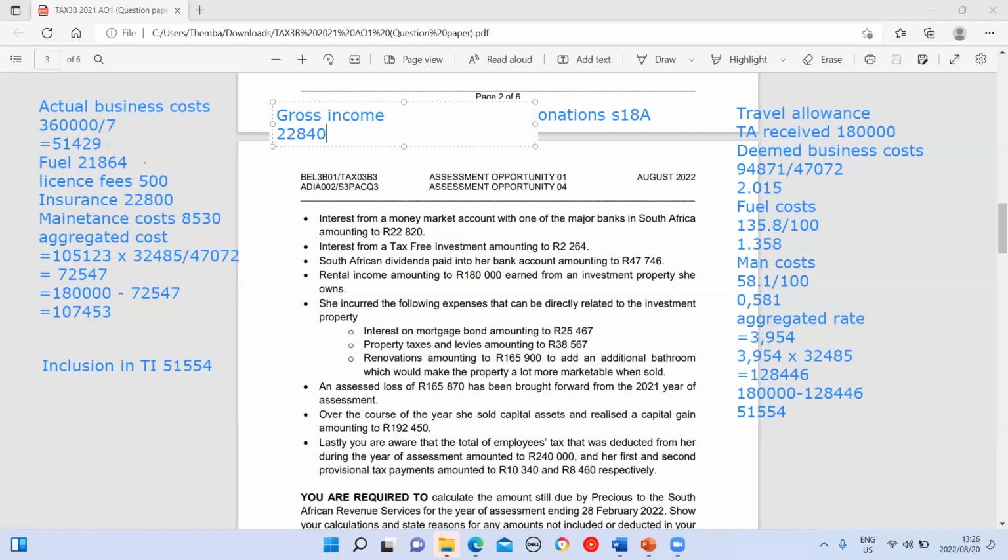Sorry, let me just write. And then you'll have your interest from your tax-free investment. I suggest that you distinguish between the two types of interest because they have two different treatments in terms of exemptions. So just distinguish between these two.